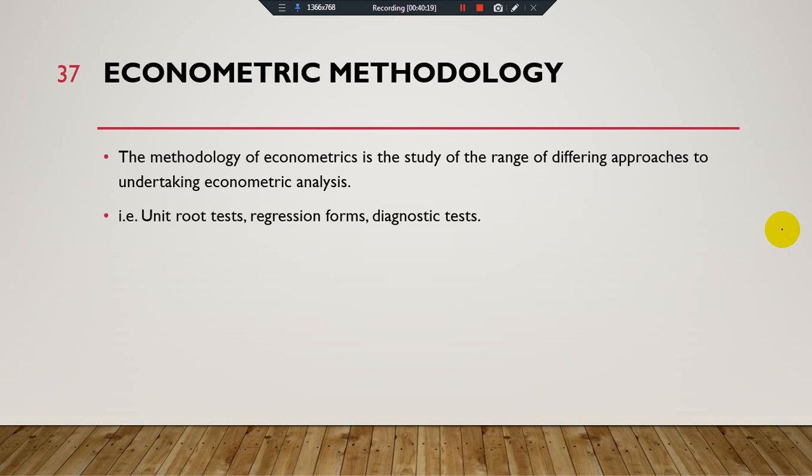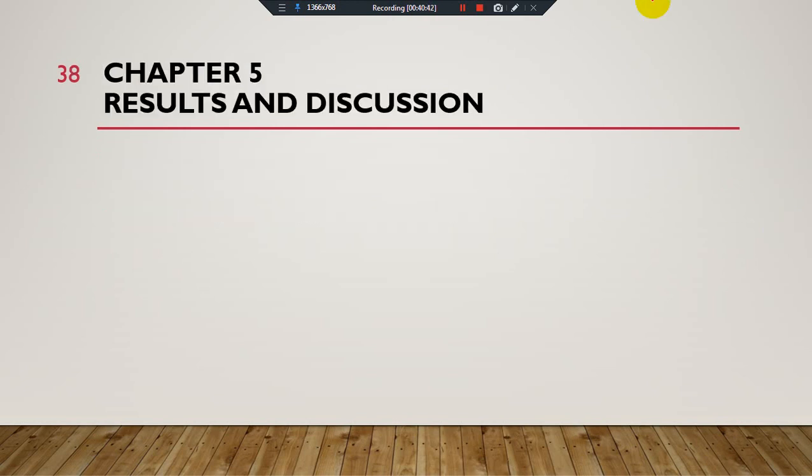So keep in mind the difference between the econometric model and econometric methodology. Normally students mix up the econometric methodology and econometric model. So while talking about the econometric methodology, you have to highlight what methodology you are using for your analysis.